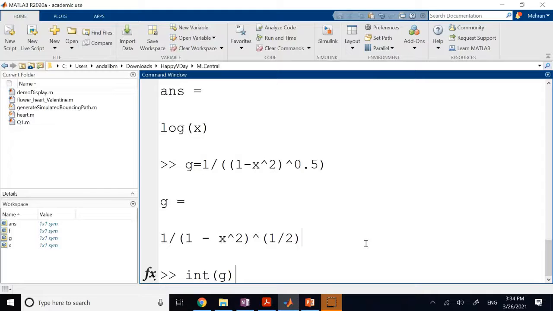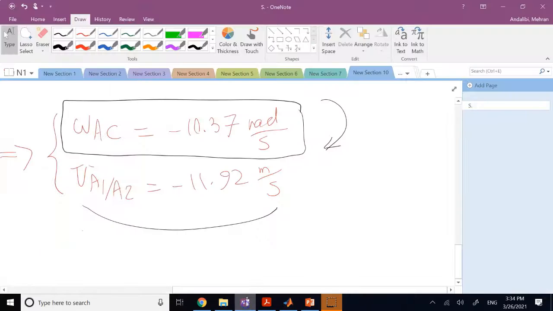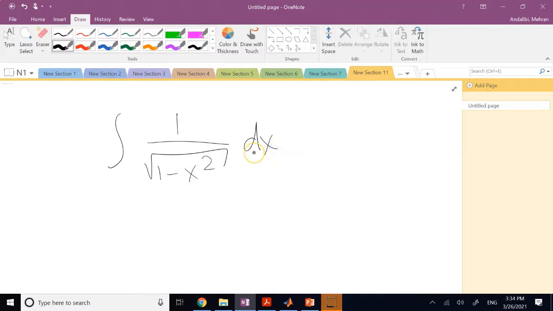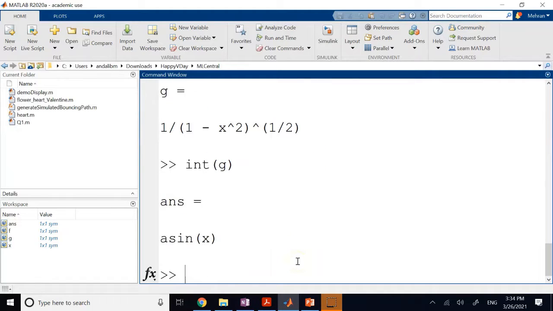Anybody knows? Hyperbolic, maybe. So this is this integral. Is that arc sine? Yes, it is asin. Okay, asin is arc sine in MATLAB. Sine inverse.